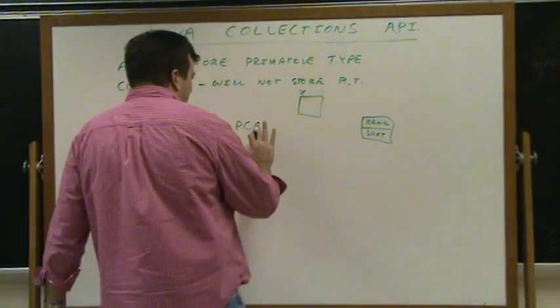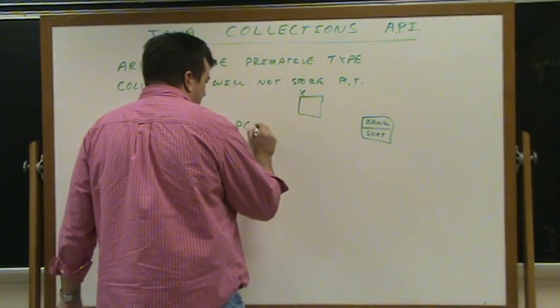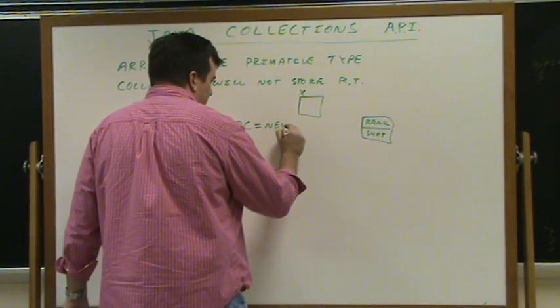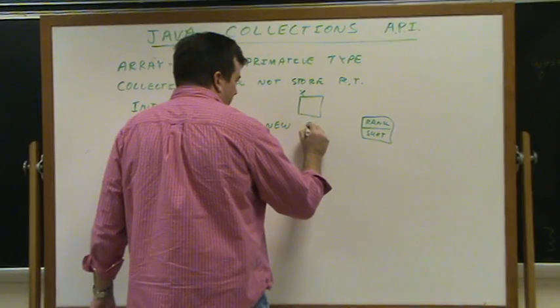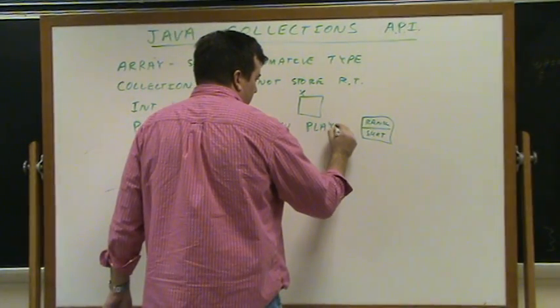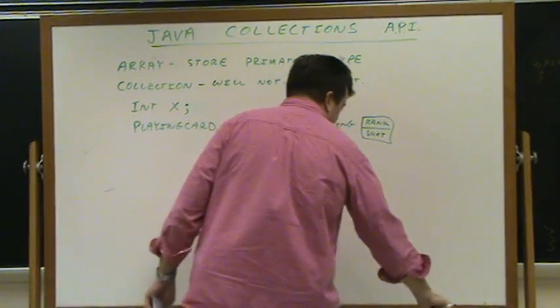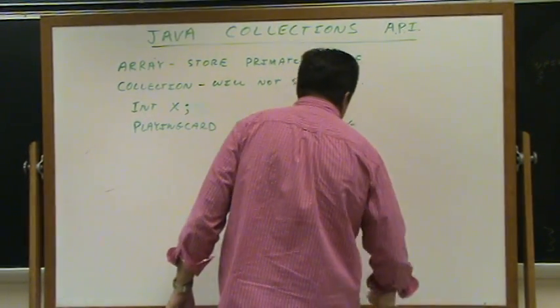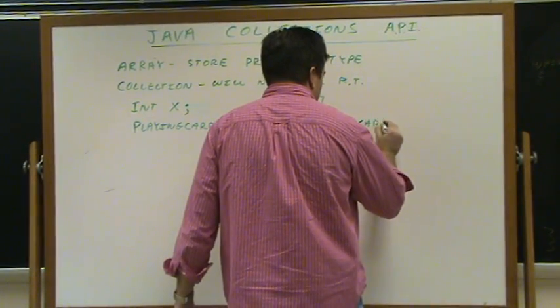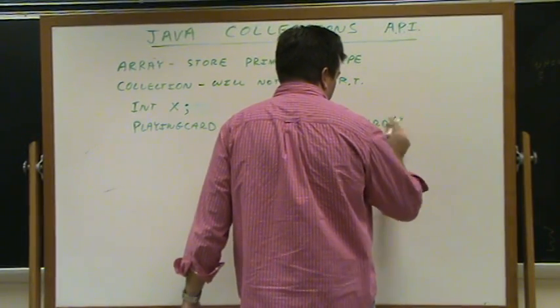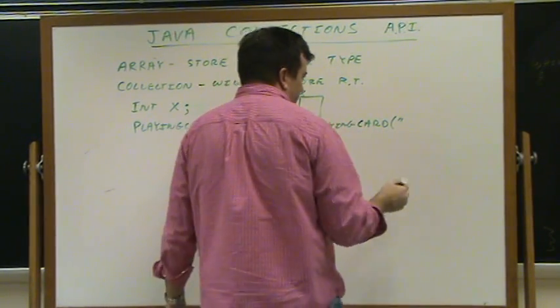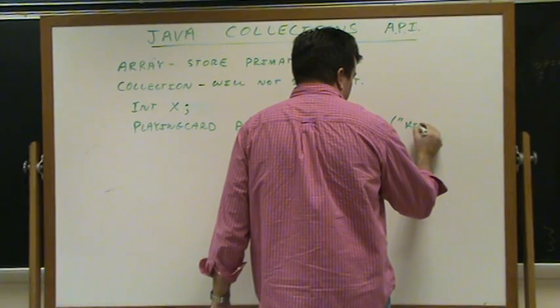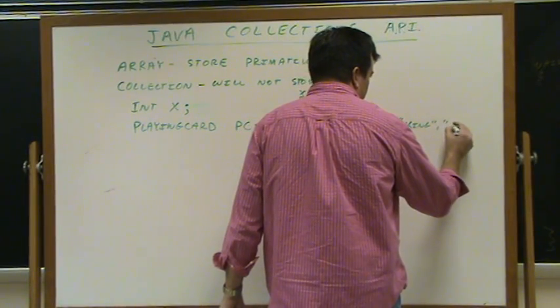If you actually want to get a piece of storage, you'd have to say equals new PlayingCard, and then maybe we could have a constructor that initializes it to, let's say, the king of hearts.